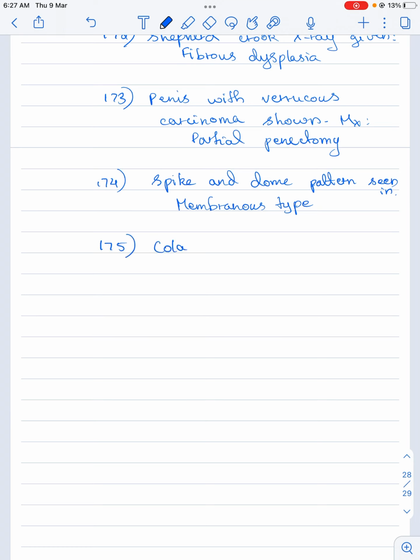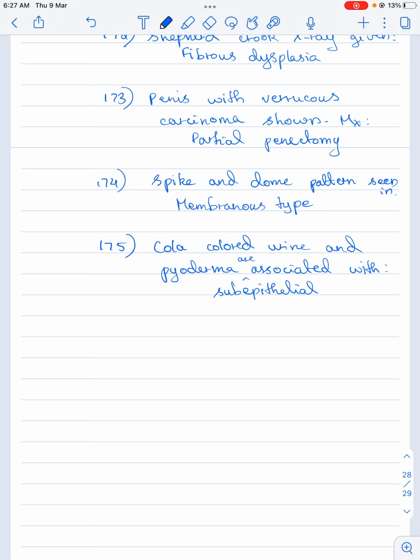Cola colored urine and pyoderma associated with, so these two are associated with, answer is subepithelial deposits.